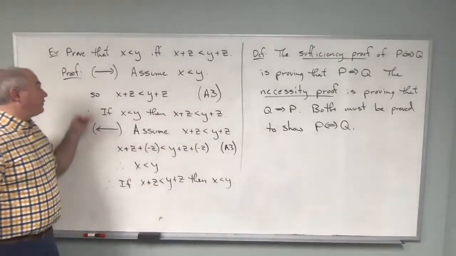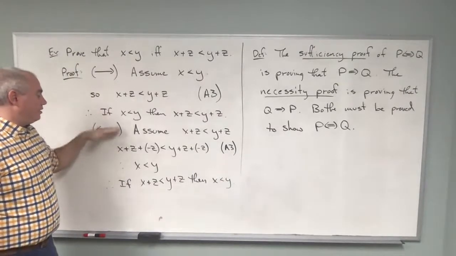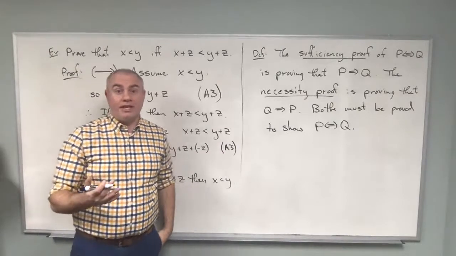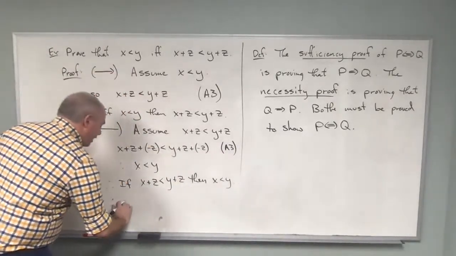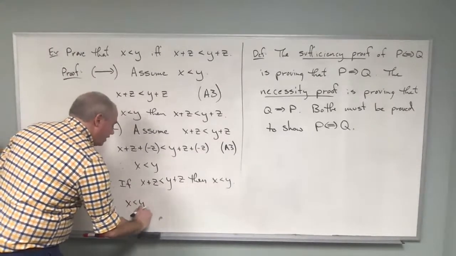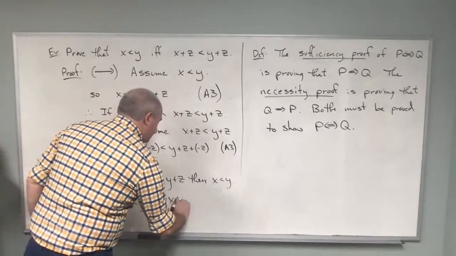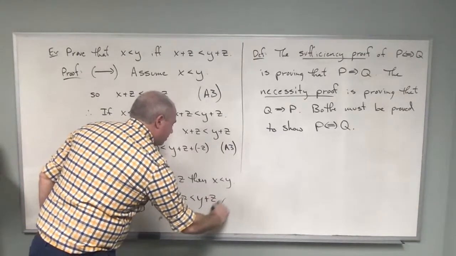Okay, so I've completed what we call the sufficiency proof. I've completed what we call the necessity proof. And so I have proved the if and only if statement. And so now I can say that x is less than y if and only if x plus z is less than y plus z. And now we're done.